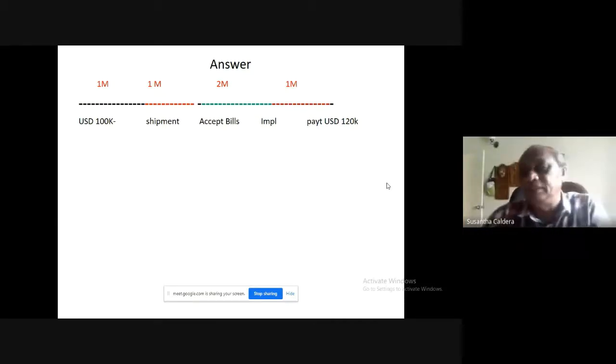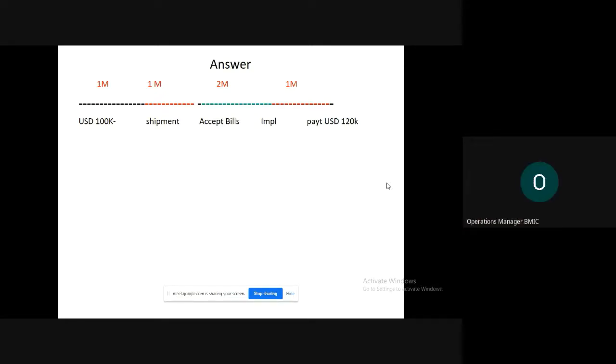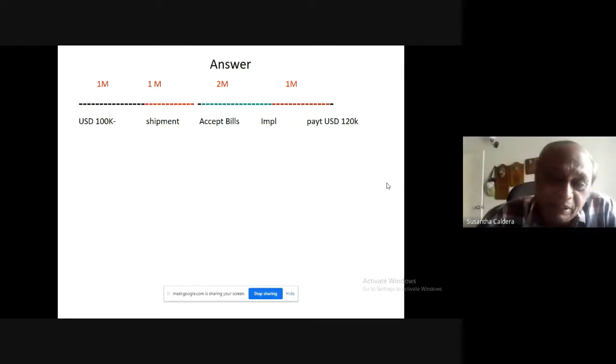Then what else? Facility number 2. What is the facility number 2? Import bill acceptance facility. Yes, very good. Acceptance of import bill facility. Very good. Then another facility.